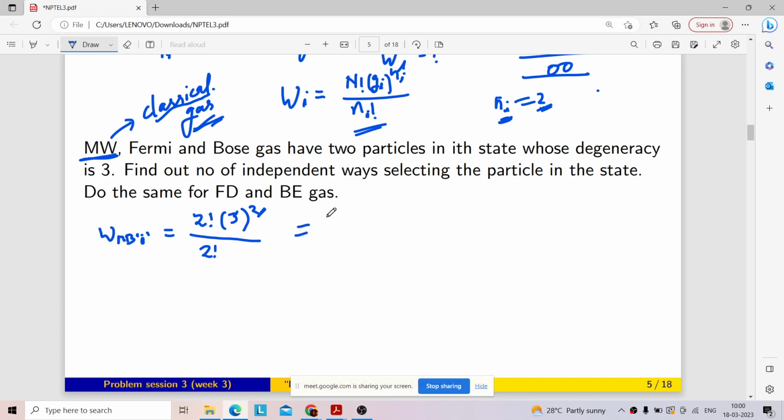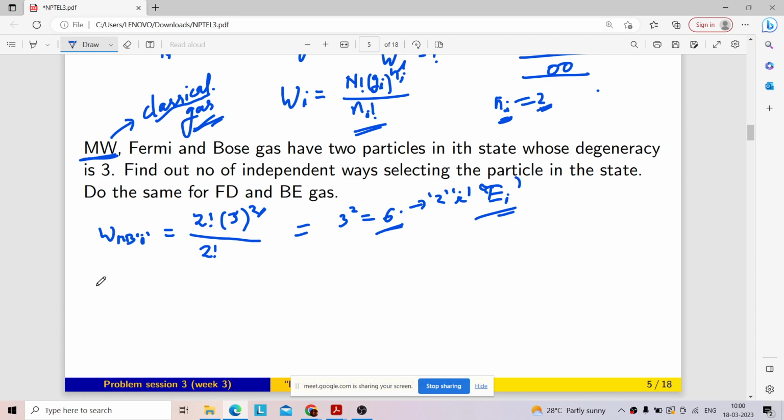So there are 6 ways I can put 2 particles in the ith energy state.